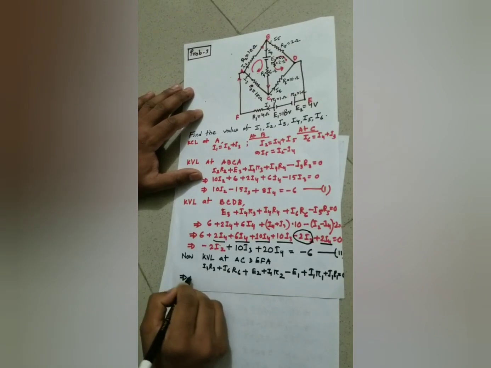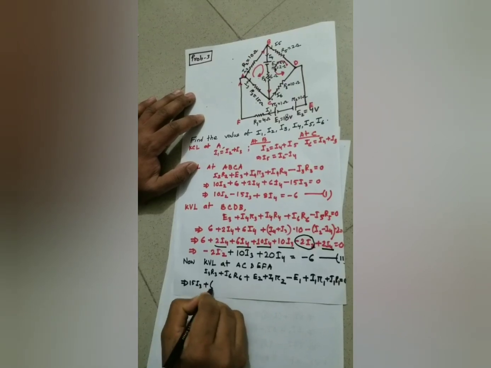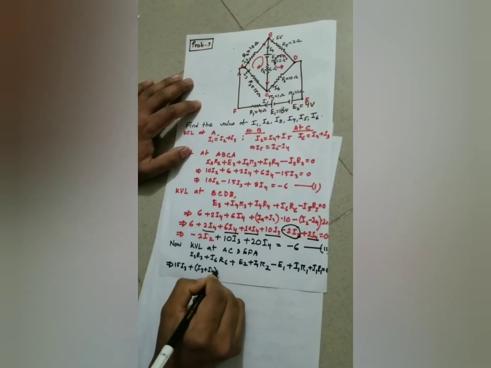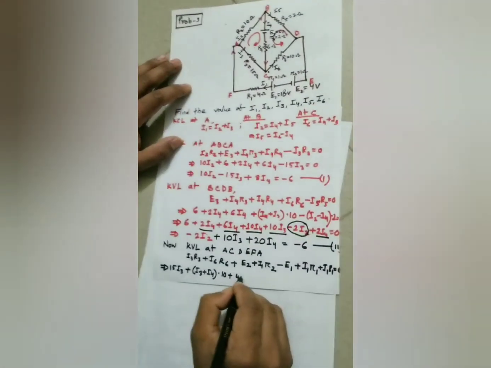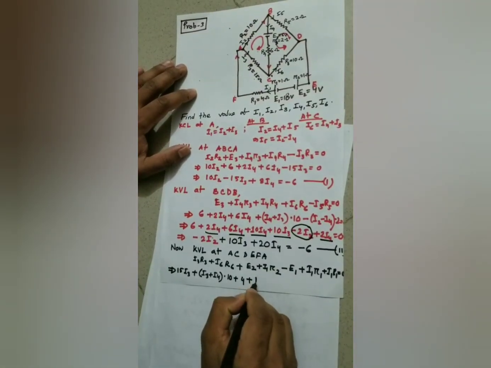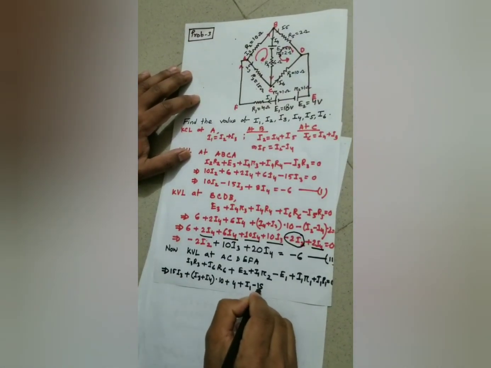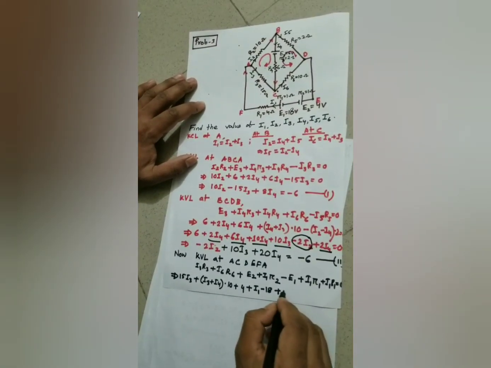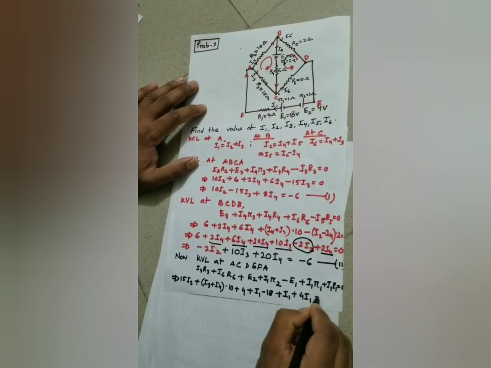So putting the value of resistance, 15 I3 plus I6 can be replaced by I3 plus I4 and R6 10 plus E2 4 volt plus 1 into I1, that means I1 minus 18 plus 1 I1 plus 4 I1 equals 0.